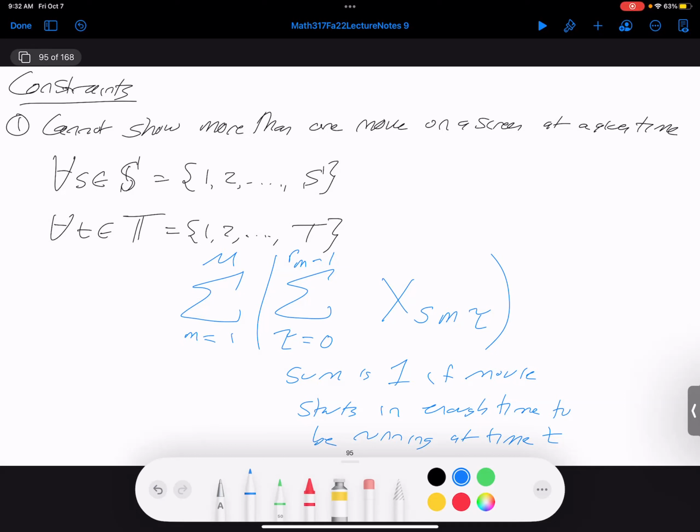Oh, so wait a minute. The time subscript should not be tau. It should be t minus tau, right? Because when tau equals 0, we're starting the movie at time t. When tau equals 1, we started it 1 unit ago. When tau equals 2, we started it 2 units ago.